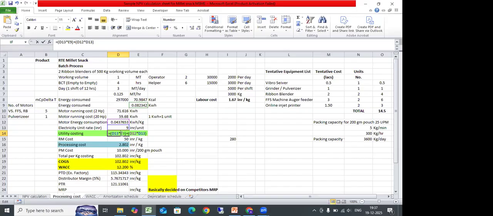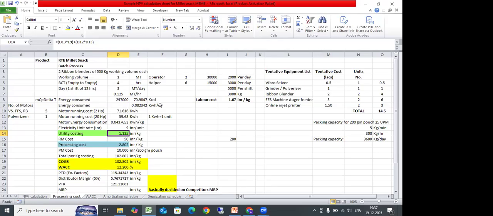So what is my formula then? Per kg utility costing: 0.043 kilowatt hour per kg into 9, plus 0.028342 per kg, which is the heating cost. I add both of these to get the utility costing, which is 1.135 INR per kg.